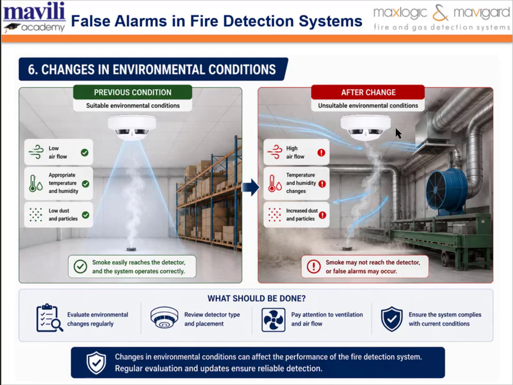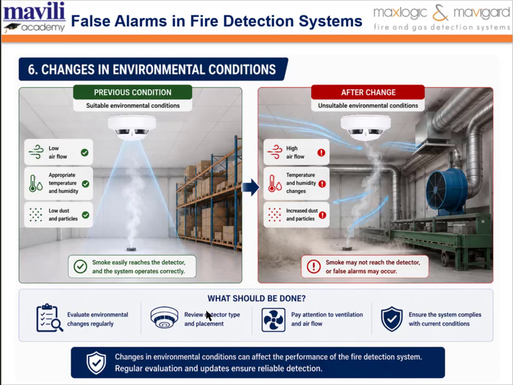After the change, there will be a higher airflow, or temperature and humidity is changing, and increased dust and particles in the area. So if there is a fire in that area, the smoke may not reach the detector, and false alarms will occur, caused by the dust particles or humidity.